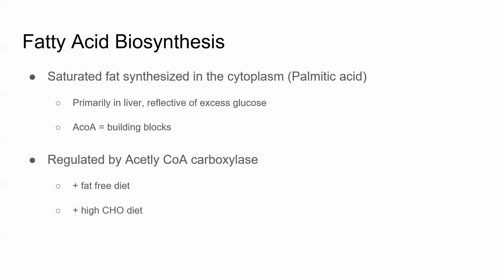This enzyme gets turned on, or basically stimulated, during a fat-free diet or a very high carbohydrate diet, right? So our body does need fatty acids to be able to have various items such as triglycerides, lipoproteins, cholesterol, and so forth. So here, that's what we're going to be looking at, of how we actually start making fatty acids.